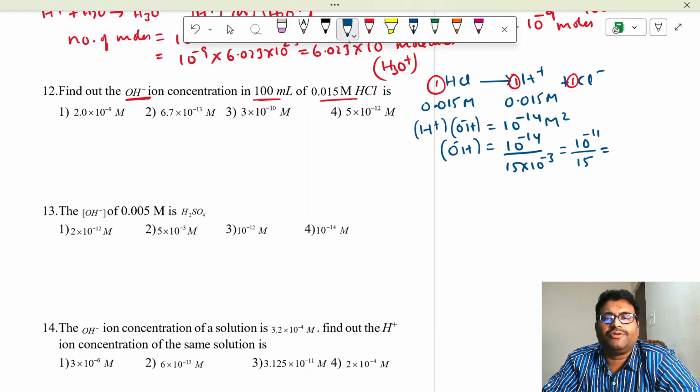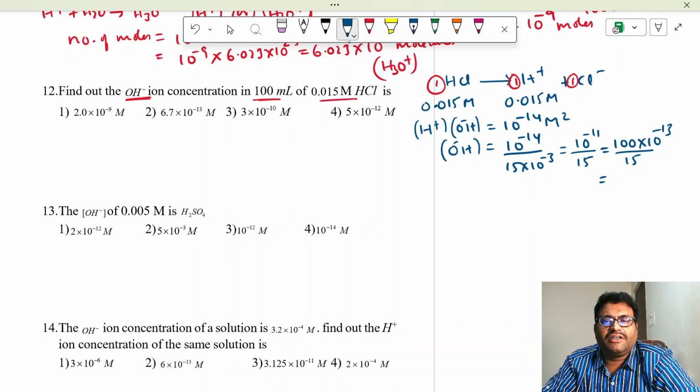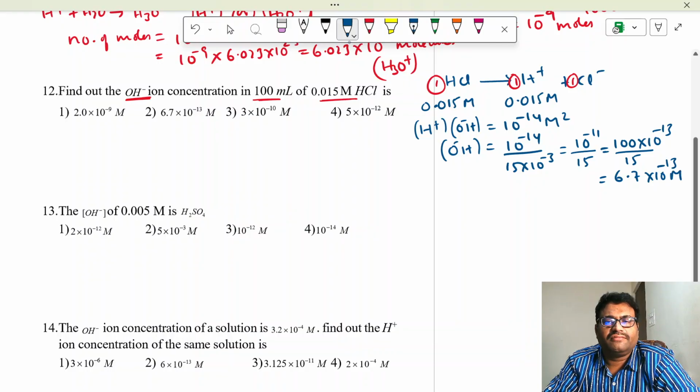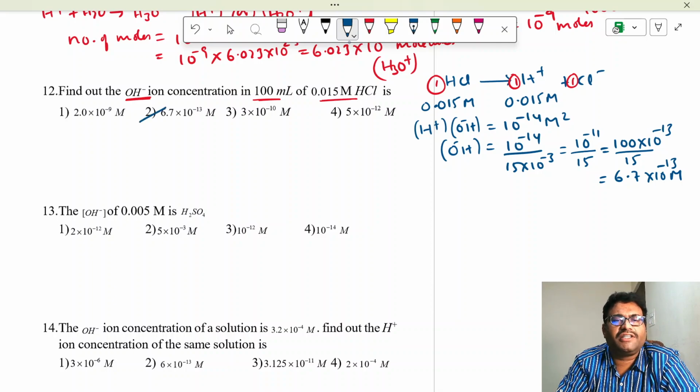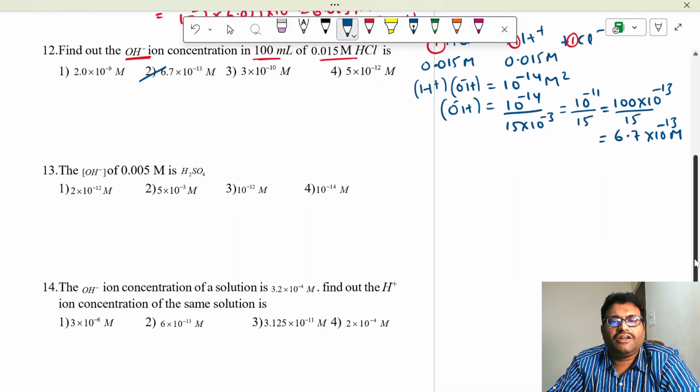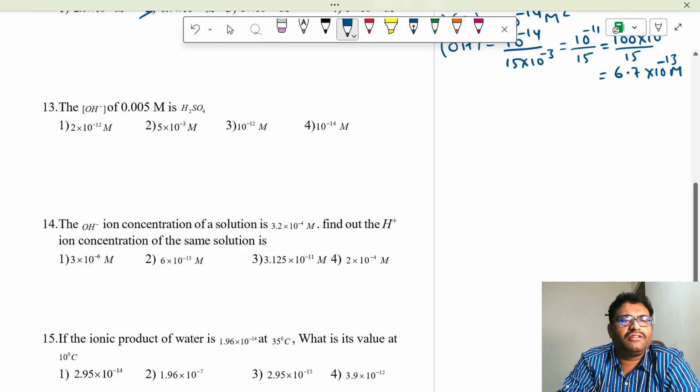Then that is equal to 100 into 10 power minus 13 by 15. So what do you get? 6 point approximately 7 into 10 power minus 13 molar. Okay, so I can take 6.7 into 10 power minus 13 molar. Understood?